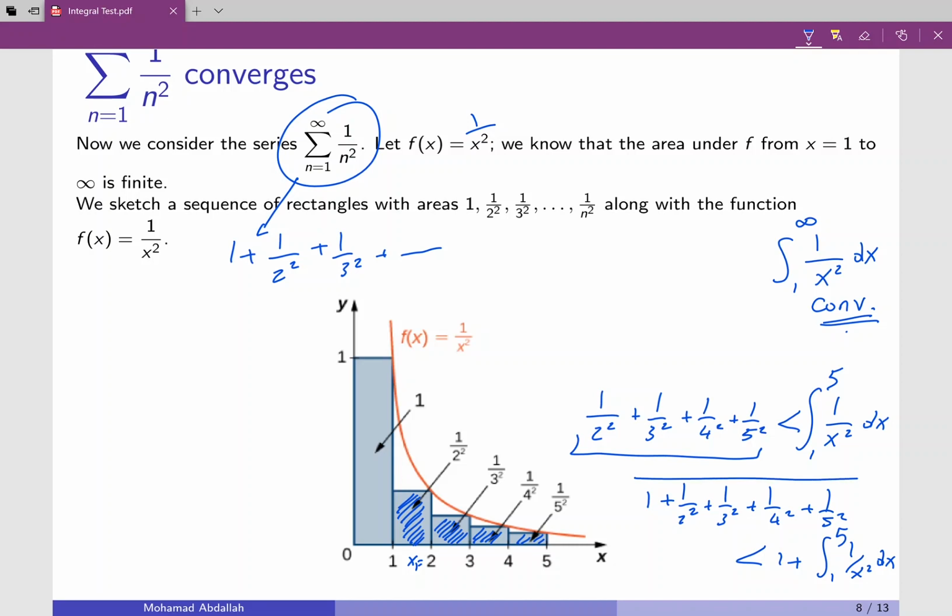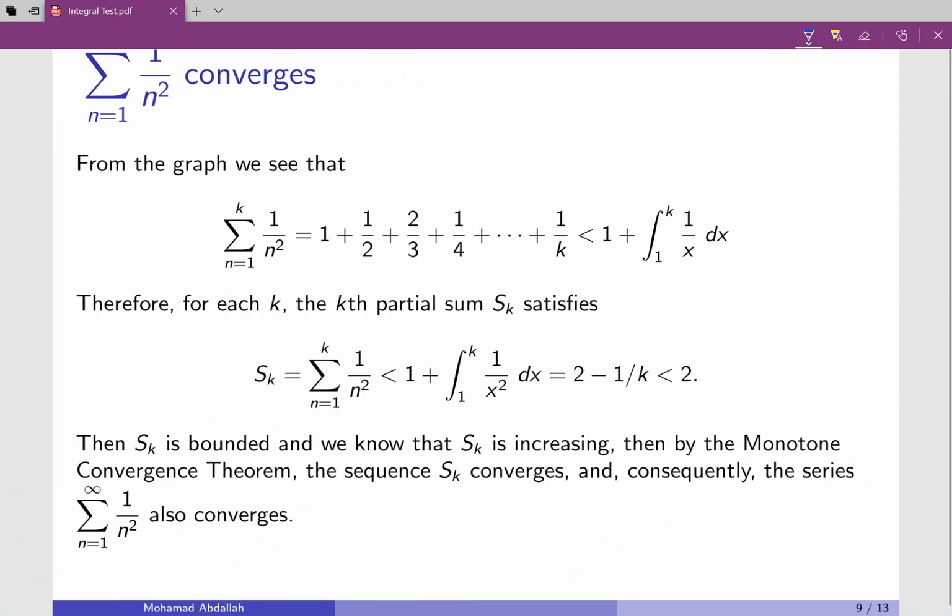Suppose that I want to generalize this last part. Suppose that I'm not stopping at 5, I'm stopping at some number k. So I'm going to get the same formula I had. Sorry about the typo here.